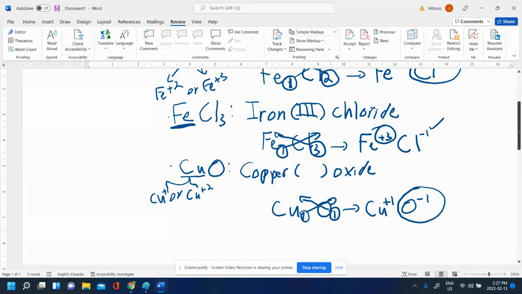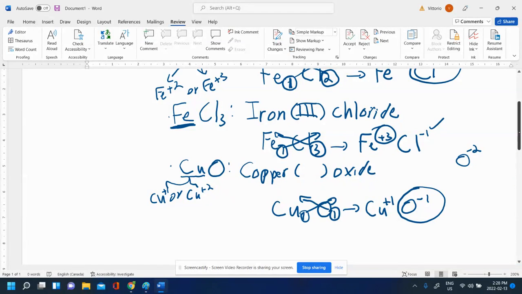Oxygen from the periodic table is always going to be -2 because it's in group 16. It should be O-2. We have O minus 1 here. The reason for that is, remember, when you do ionic compounds, you reduce. So you have to check what the original ion was before reducing. If oxygen was normally -2 and now it's -1, that means we divided everything by 2.